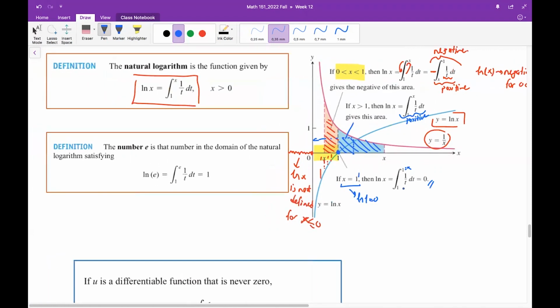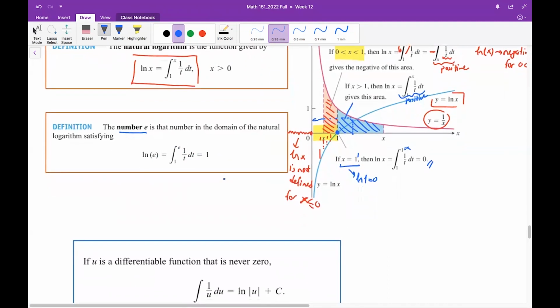Okay, so what about the number e? When we understand this formal definition, we can also look at the value of ln e. So instead of x here, you will be putting the number e here. And from 1 to e, the integral of 1 over t dt is defined as the number e, the value is 1.